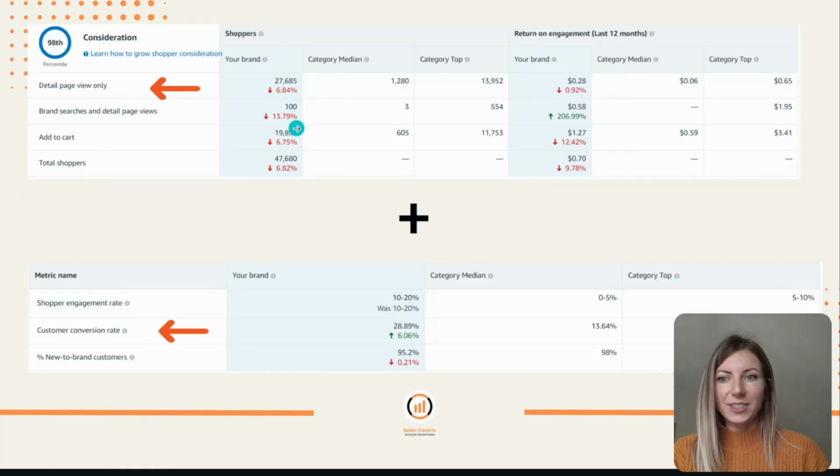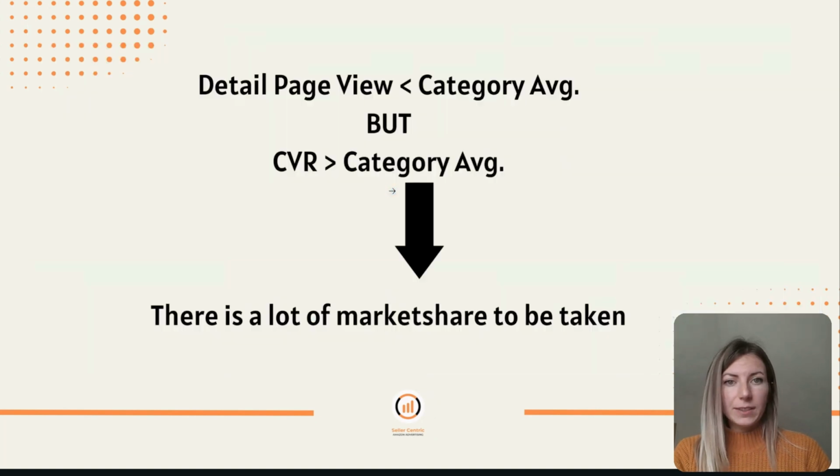An interesting thing to look at here is your detail page views in parallel to your customer conversion rate. Why is this useful? If you see that your detail page view is lower than the category average, but your conversion rate is higher than the category average, it might mean that there's a lot of market share to be taken by your product.